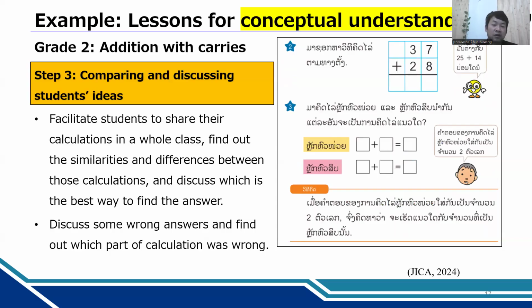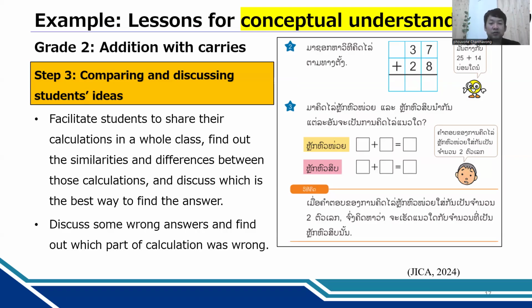After students solve the problem individually, now it comes to comparing and discussing their ideas. The teacher should facilitate students, or encourage students, to share their solutions with the whole class and find out similarities and differences between those calculations.